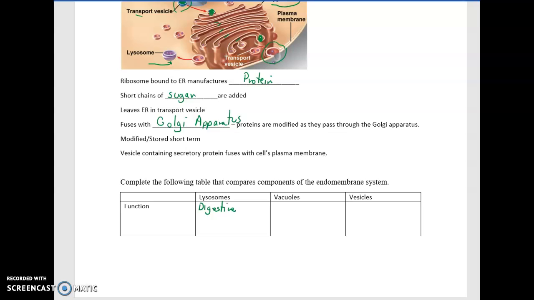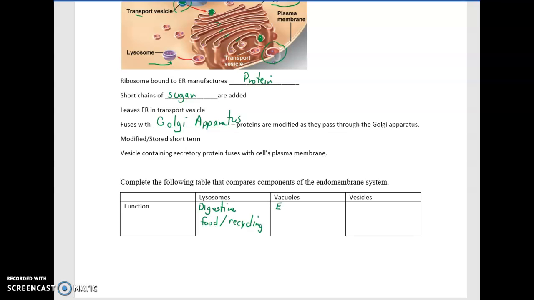And they can break down food, or they can break down components of the cell for recycling. If you have an old mitochondria that's not working very well anymore, you can digest it down and reuse its components. Vacuoles have all sorts of different uses.